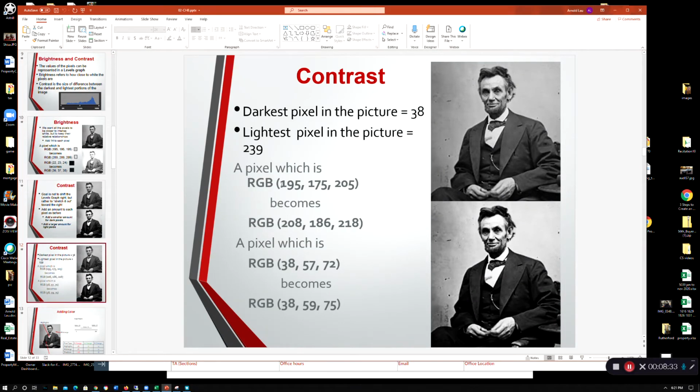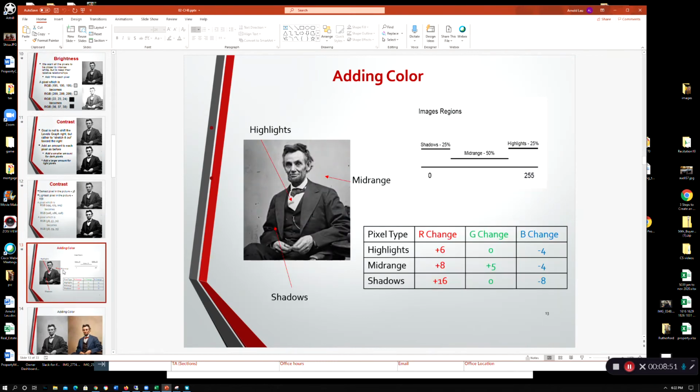And so essentially, instead of doing like where you did the brighter, applying everything uniformly across everything, you're going to apply selectively, whether it's on the darker side or on the lighter side. The basic thing is to do a shift, just add something. Then you get into adding color, and you group the different ranges and then apply some sort of formula or shift to it, right? In this case based on RGB, right?